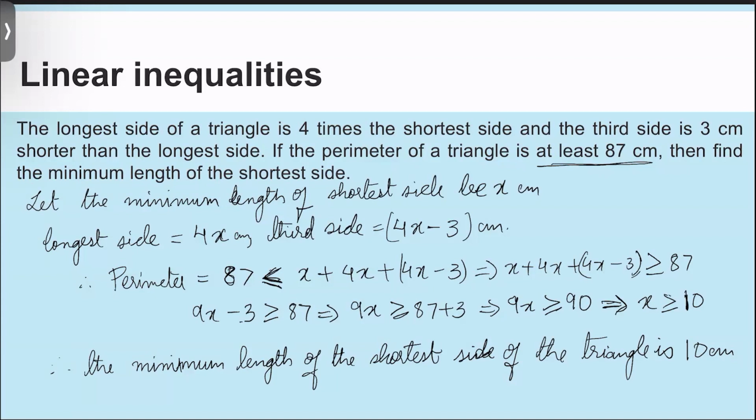Or you can multiply or divide both sides of the linear inequalities with either positive numbers or negative numbers. But when you do it with negative numbers, you have to note that the sign of inequality will get reversed if you divide or multiply both sides of the linear inequality with a negative number.